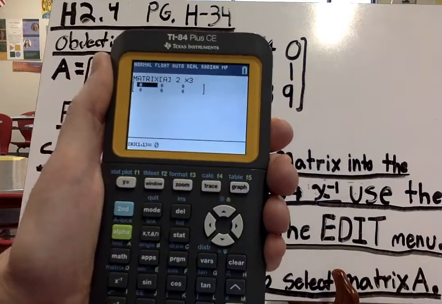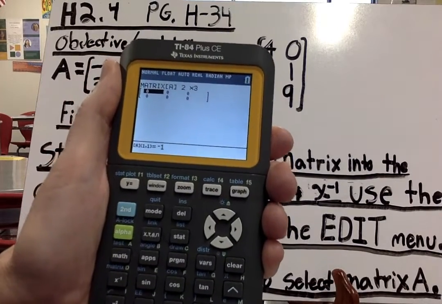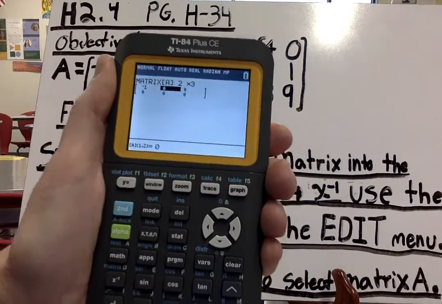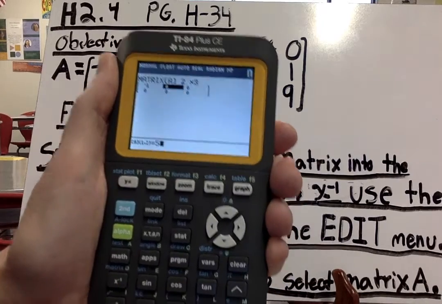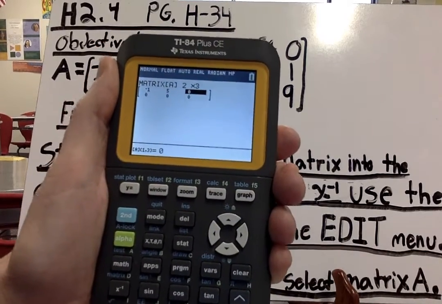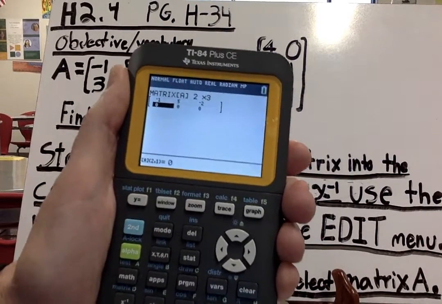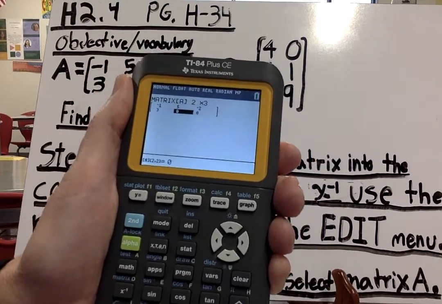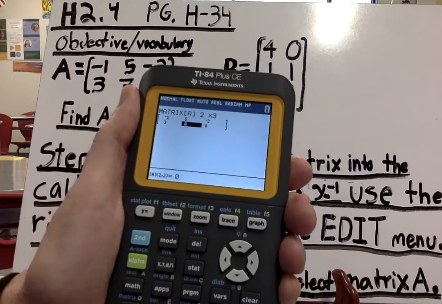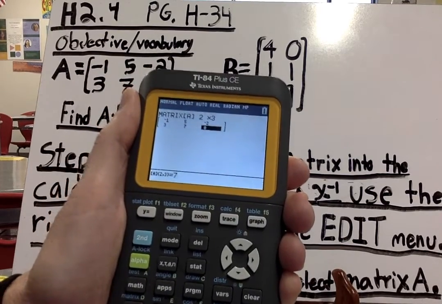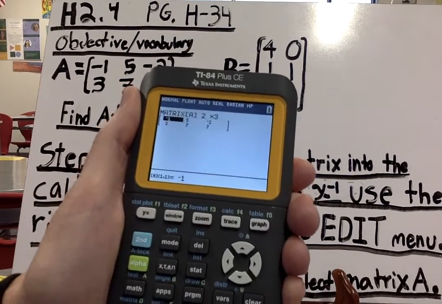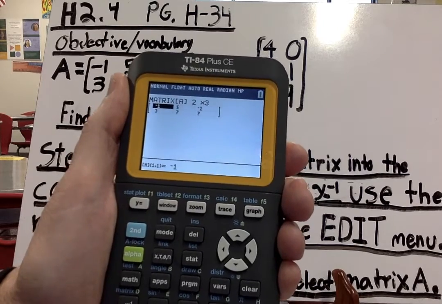We put -1 in the first spot, enter, and it automatically goes to the next one. 5, enter. -2, enter. Now we're at the bottom left. That's a 3, enter. A 7, enter. And a 7, enter. And there it goes back to the beginning.